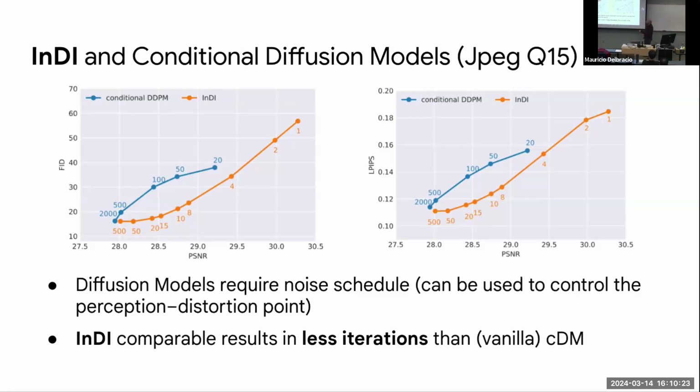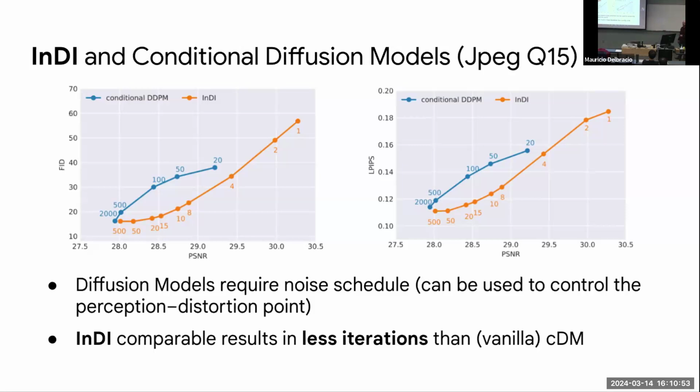The key thing here is that InDI actually produces better results for a given PSNR in fewer steps, which makes sense, right? Because you are not starting from noise. You are starting from the low quality image, which is already an image. So this gives us an advantage over the traditional conditional diffusion model.